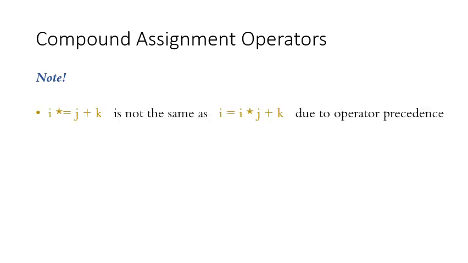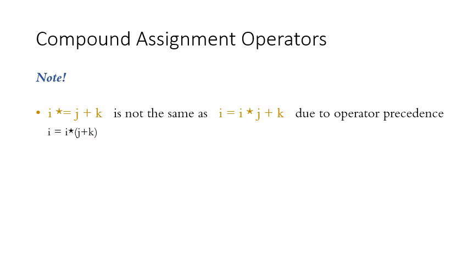For example, we have I times equals J plus K. It is not the same as I equals I times J plus K due to operator precedence.